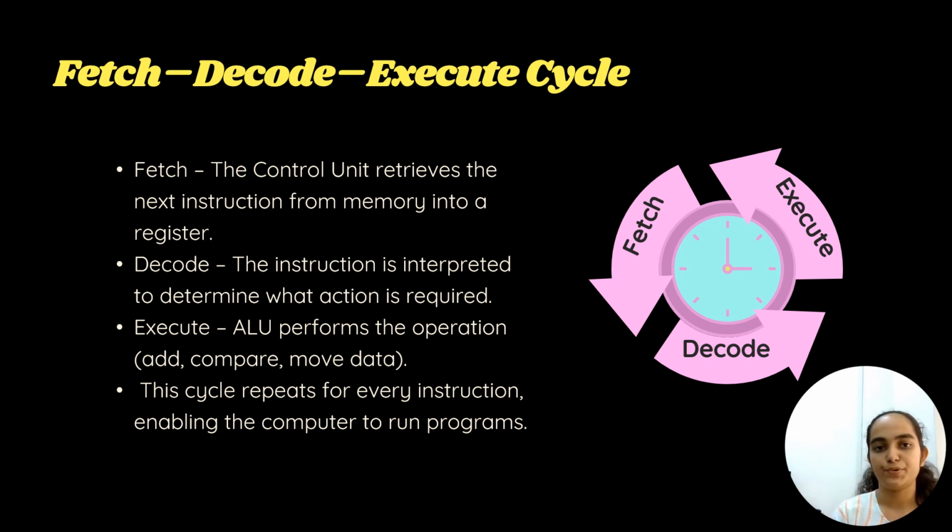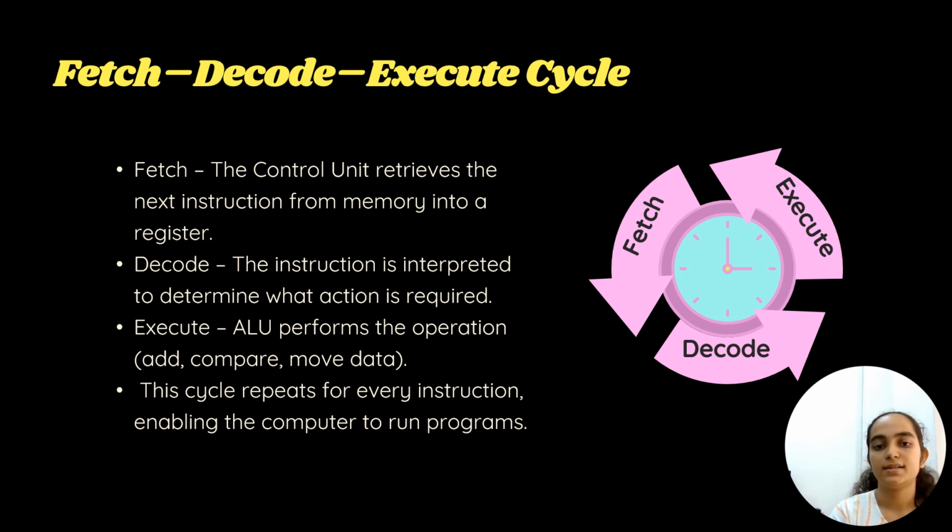Next, I move to the fetch, decode, execute cycle. One of the most important concepts in computer architecture is the fetch, decode, execute cycle. This is how the CPU processes every single instruction. Fetch: the control unit retrieves the next instruction from memory and places it into a register.